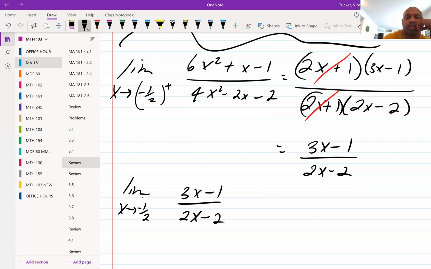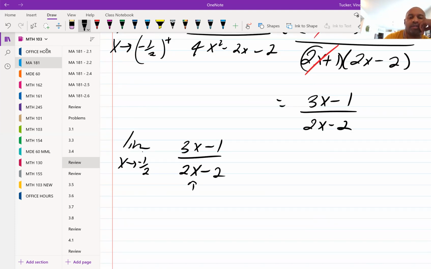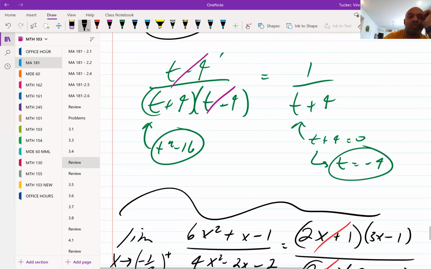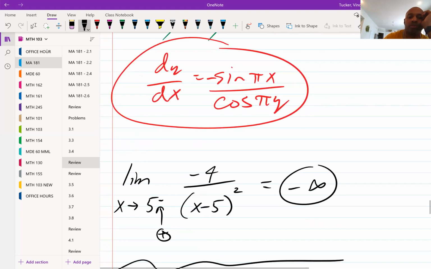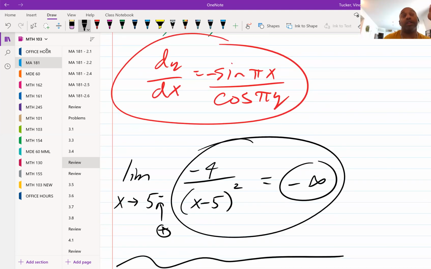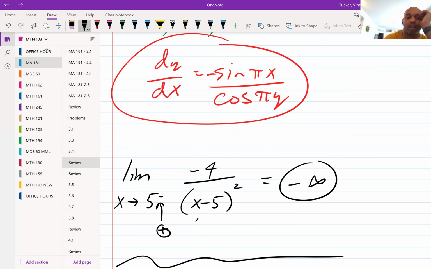All right, because you see when we plug in negative 1/2 here, that's going to give me negative 1 minus 2. So we see we're not going to get a 0 in my denominator, so we're going to get an actual number. Remember before we went ahead to the graph because plugging in positive 5 will give you 0 in your denominator, 5 minus 5.